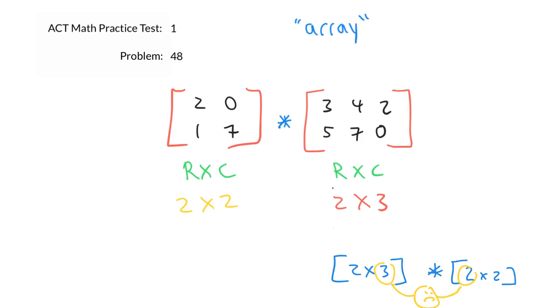So this might be the first time in your math life where you can multiply something if it's ordered one way, but if you switch the order, you actually can't multiply it. That is worth noting: the order most definitely matters.